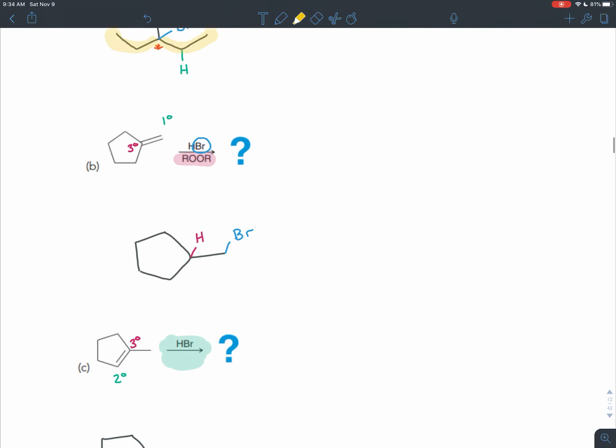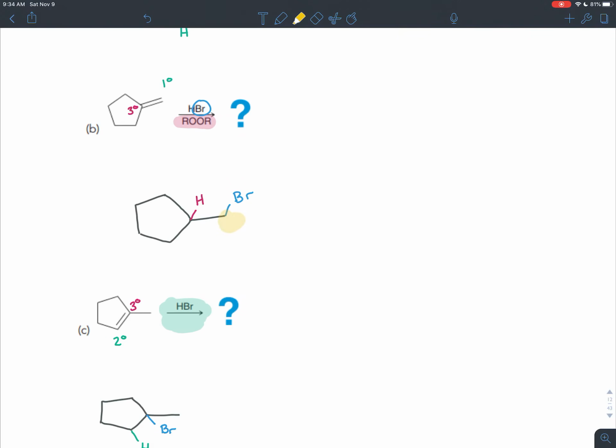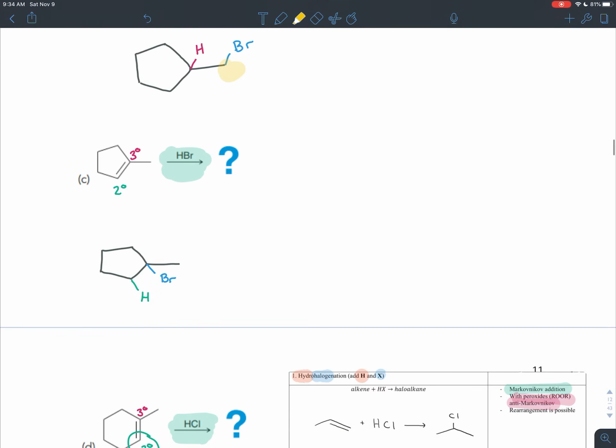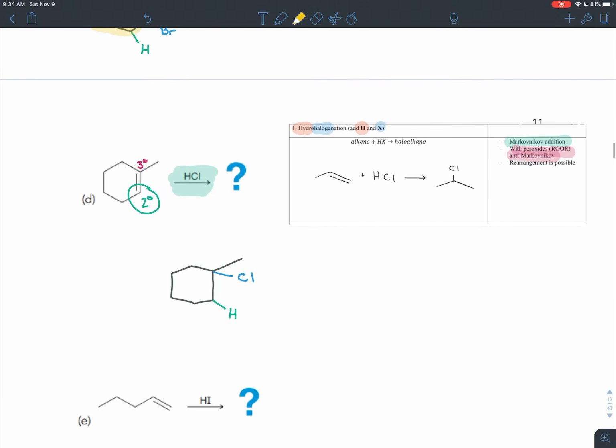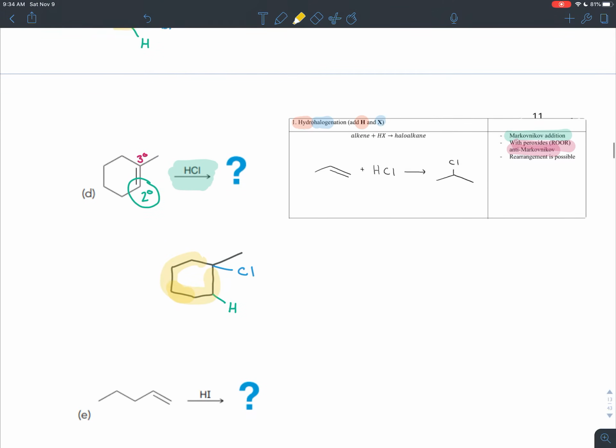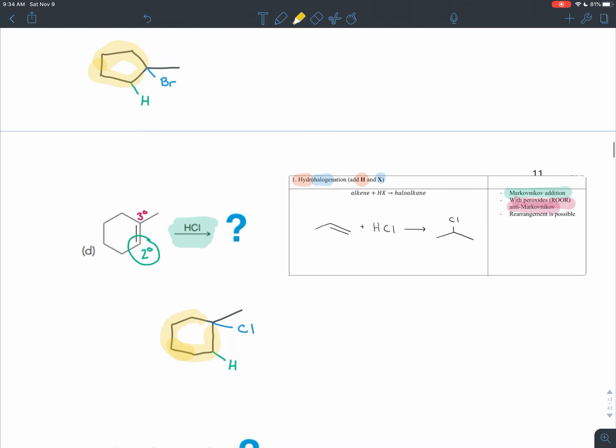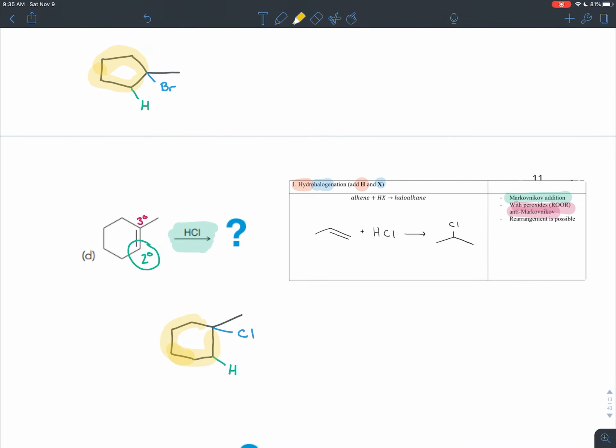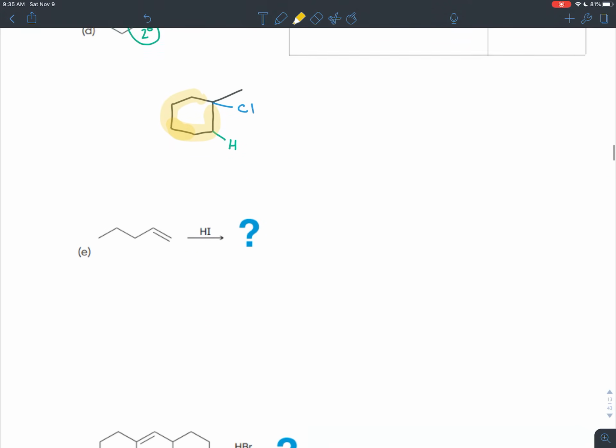In our second one, there were two hydrogens bonded here. In our third one, going around the ring on each side was the same. And that's also true for this most recent one. Going around the ring, one side and the other side is the same. So we didn't create any chiral centers up until now. And that's going to change in E.